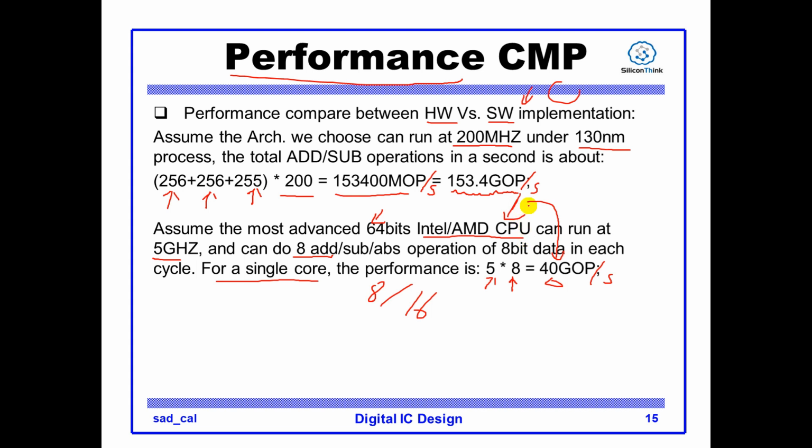It has to fetch instructions and do operations according to the instructions it fetched. And in each cycle, it can do limited operations. This is limited by the ALU inside the CPU.